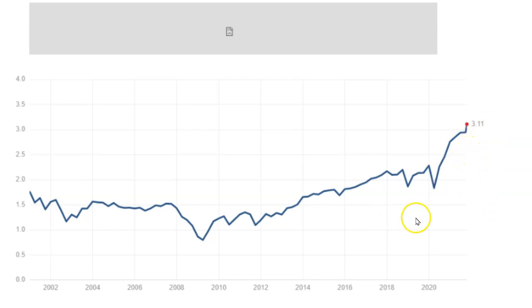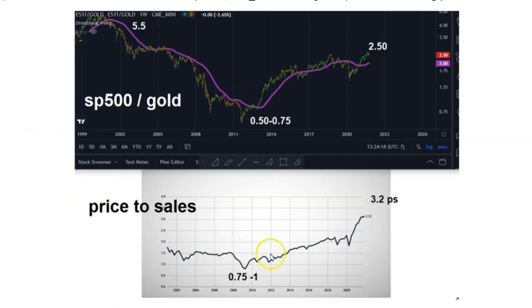Let's look at another metric, because the interest rates and the inflation data is a factor. Let's look at something that kind of gives us some clarity as well. This is the last piece that I want to share: the same chart that I just showed earlier with price to sales for the last, maybe it was 15 years.